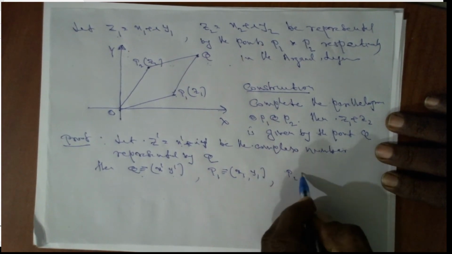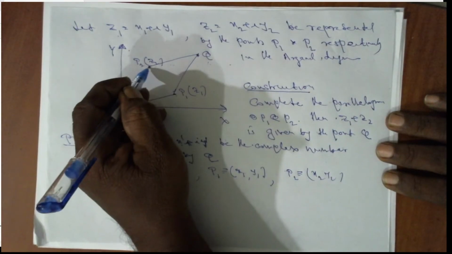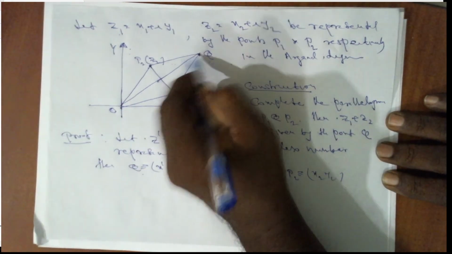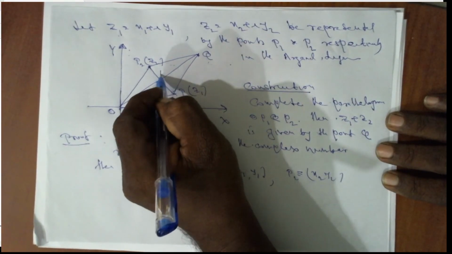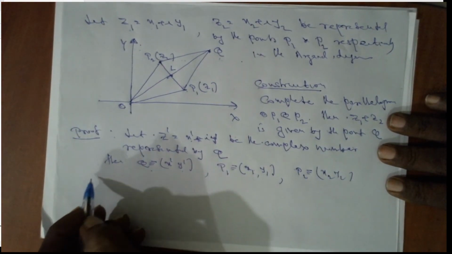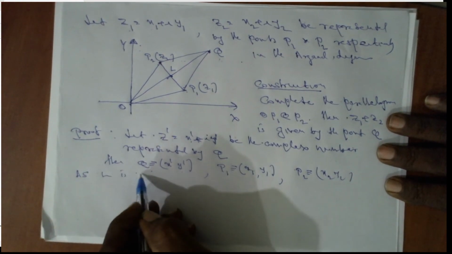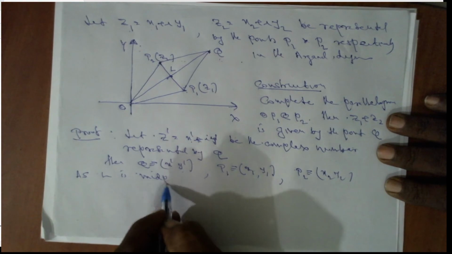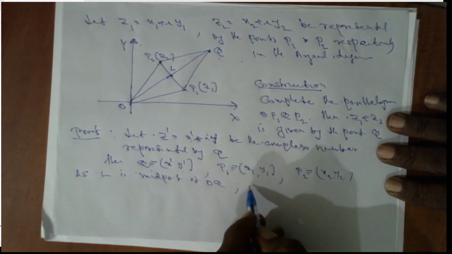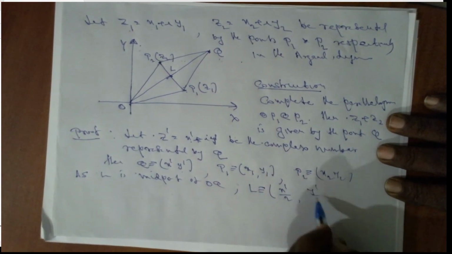P2 is (x2, y2). Now you take the midpoint of this parallelogram, right? So you can take L. As L is the midpoint of OQ, the L coordinates are (x'/2, y'/2).